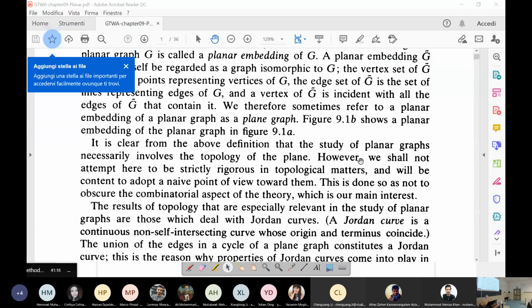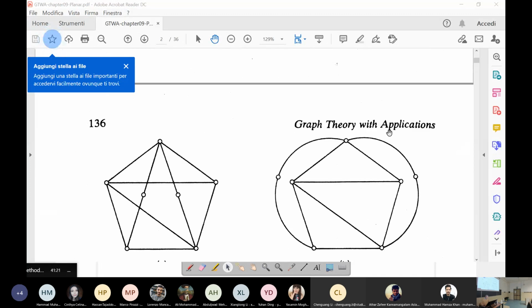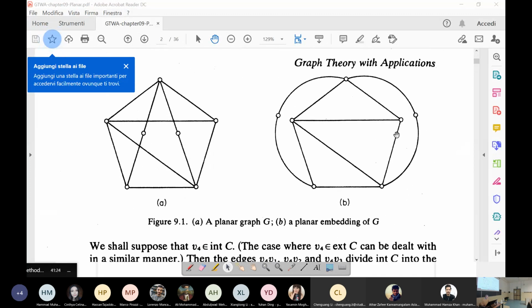Okay, so here we have a planar graph in the sense that there exists a plane graph, which is this, isomorphic to it. This is a plane graph, and this is not a plane graph. Why? Because here we have a good embedding in the sense that we have no intersections of these line arcs except at the points representing vertices.